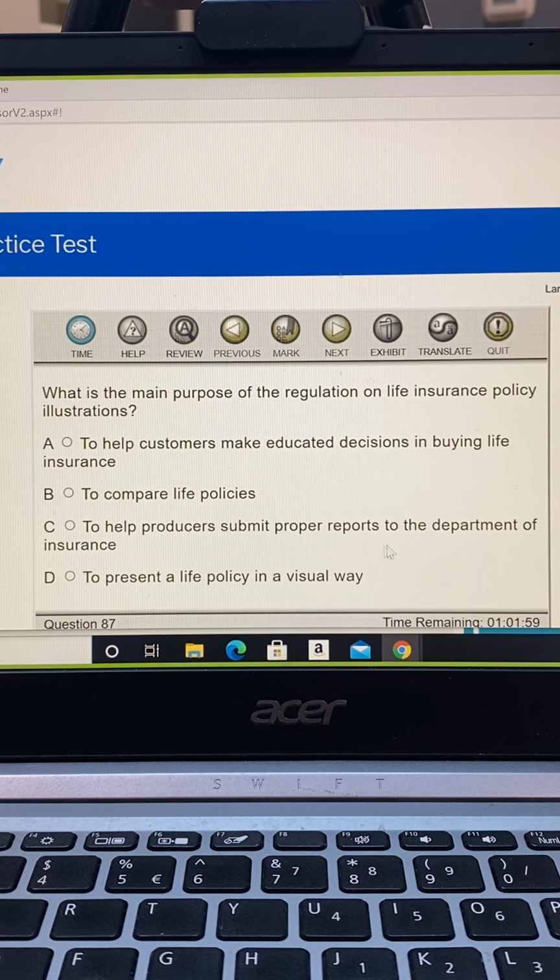No. To help producers. Is it B? Well, no, I think you might be right on A. Yes, A, because the illustration, you're supposed to explain the illustration to the client. Yeah, okay. So you were right, A.